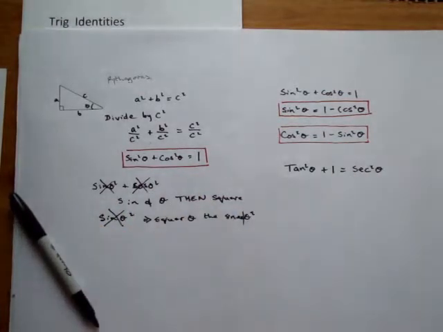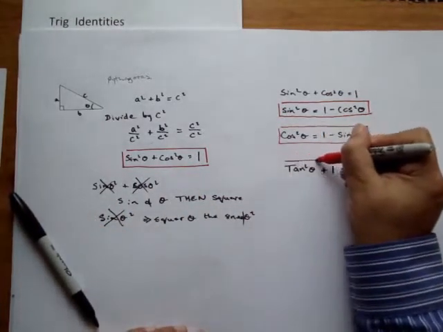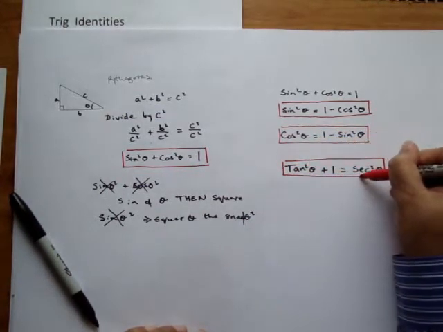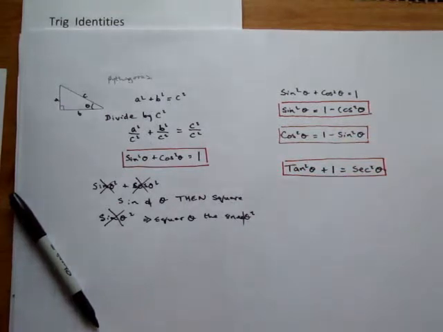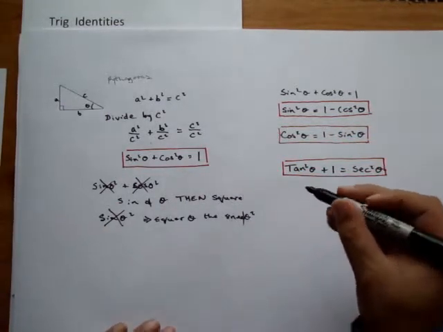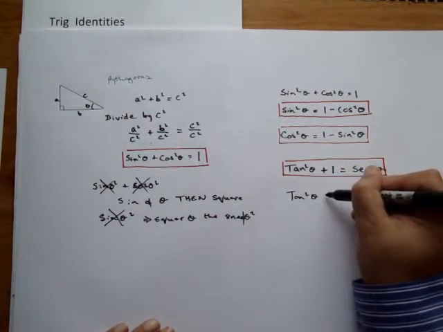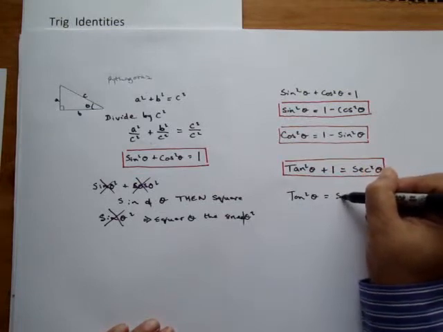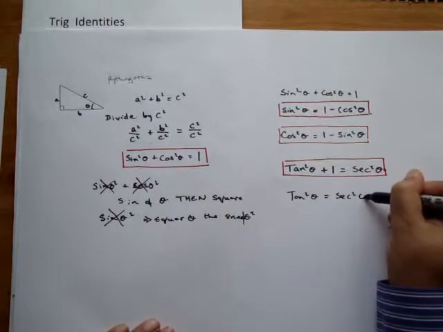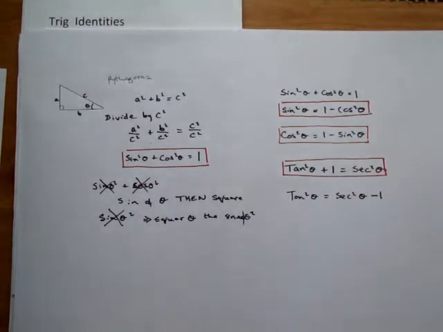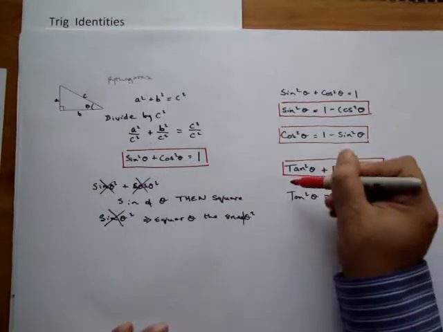So that's another identity. Similarly, we can rearrange that and we get tan squared theta equals sec squared theta minus 1. So we're moving the 1 to the other side of the equal sign.